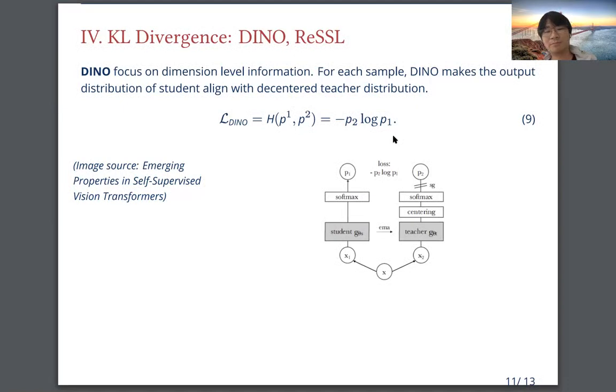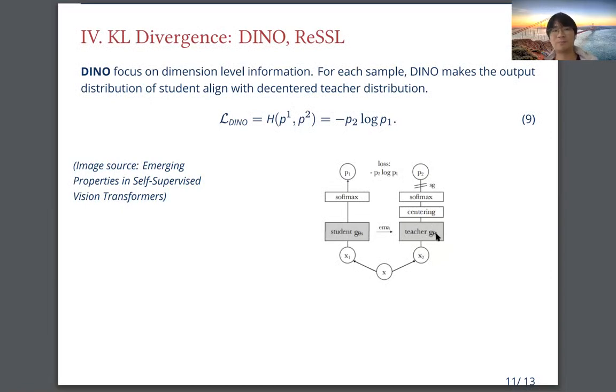After applying augmentation, we get X1 and X2, and X1 goes through the student encoder, which is just like a normal encoder, and X2 goes through a teacher encoder, which is a momentum encoder like previous work. And here it's a moving average.